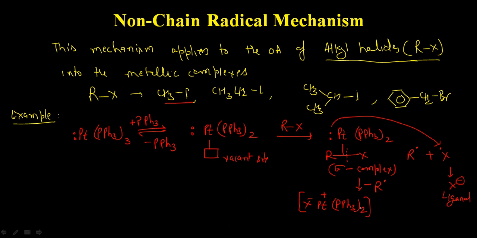This results in the formation of a complex in which X negative is donating its electron pair to the platinum, and in that X negative one electron was donated by platinum. Now platinum has only one electron left, so we are left with only one unpaired electron. Now this can easily coordinate with the R radical which was formed, and this is the first step because this involves the coupling of radicals.